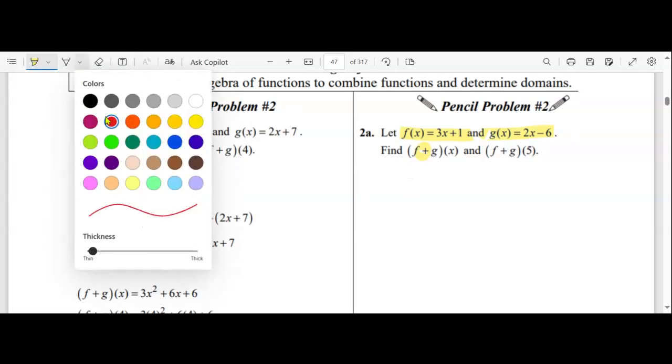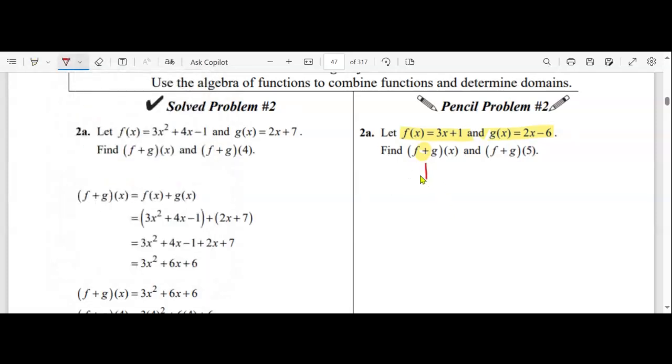Plus. Right. He wants you to add. Yeah, function f plus function g. What is function f? 3x plus 1. What's function g? 2x minus 6. What should I do now?